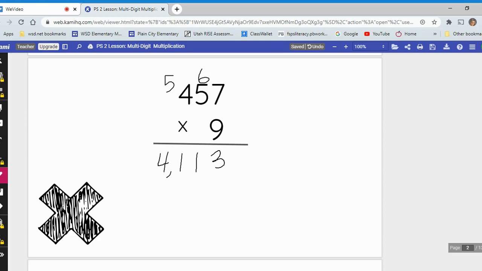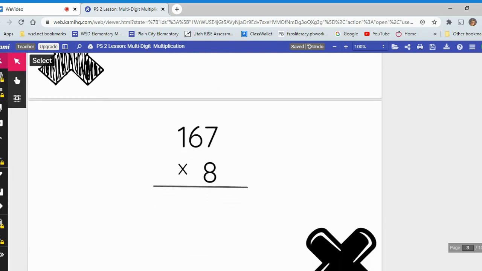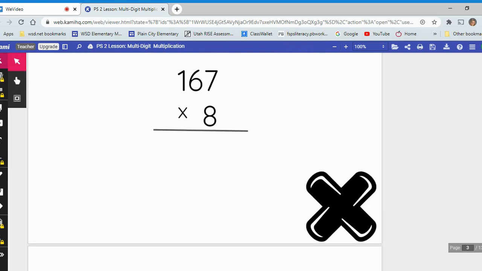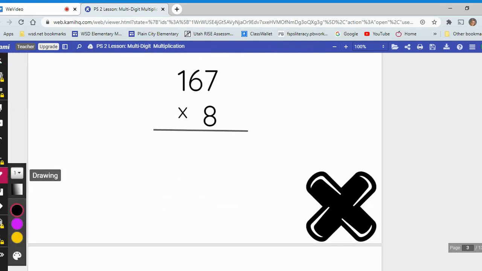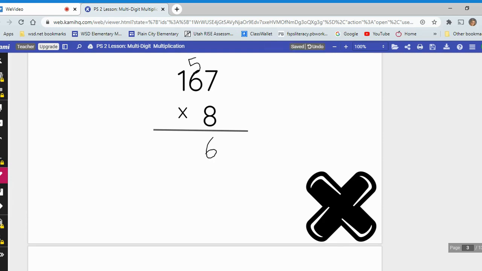So let's try another one. Okay, here we go. We have 167 multiplied by 8. So 8 times 7, hopefully you're saying 56. 8 times 6 is 48.